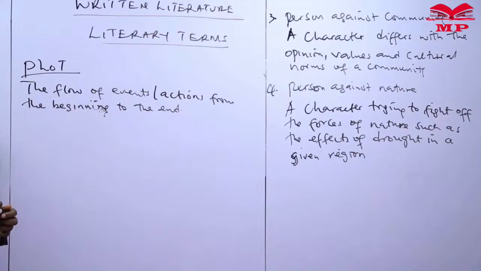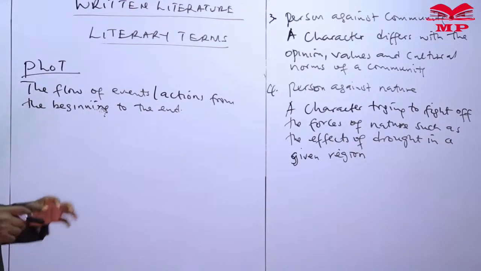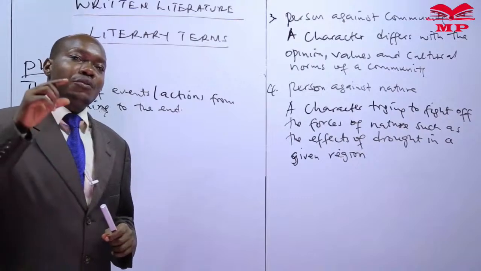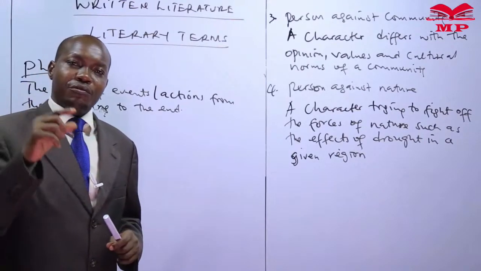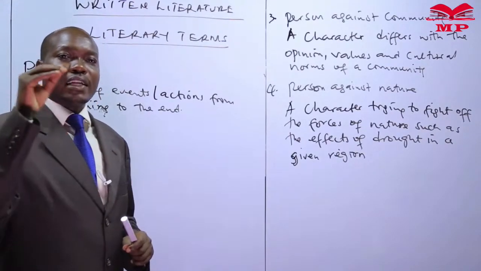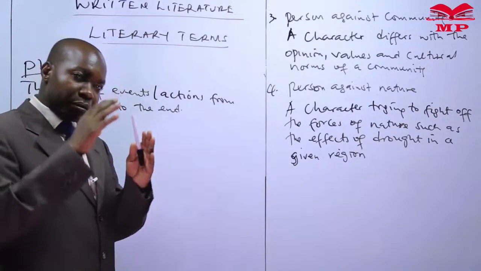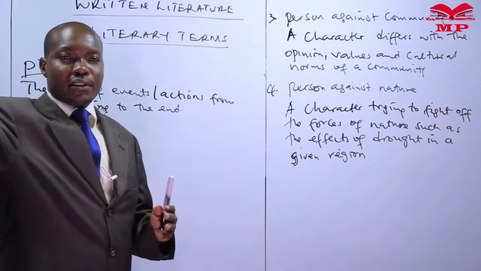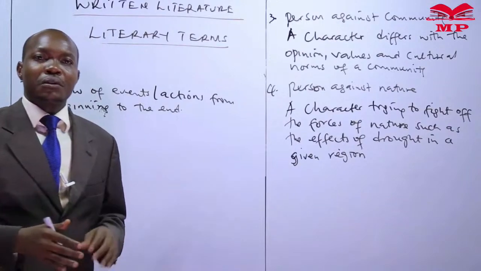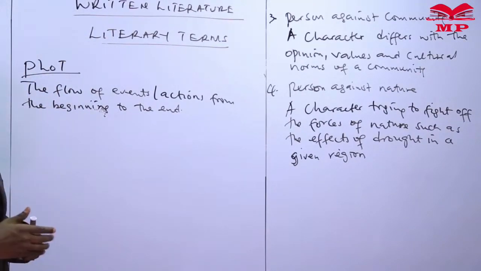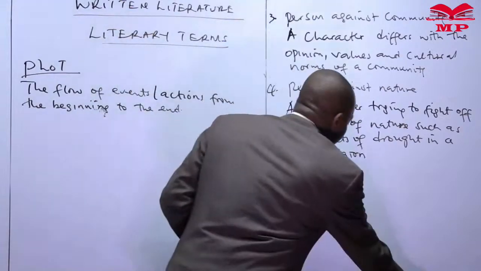That is plot. The flow of events. When a story begins, can you trace, can you follow the major events or actions in that story from the beginning up to the end? That is plot. Now, plot takes some stages.